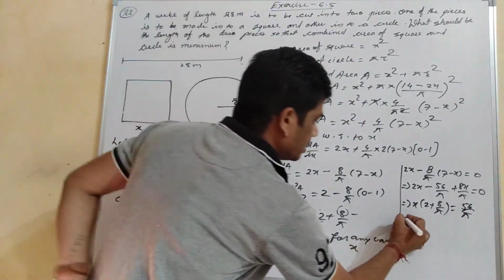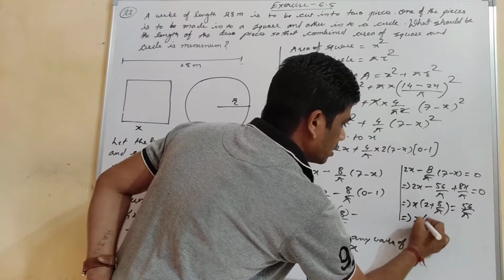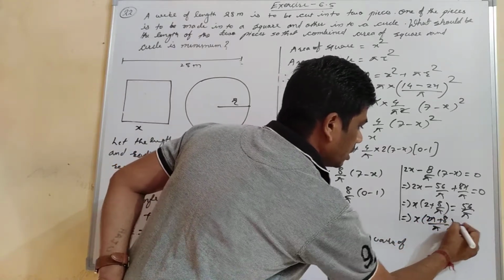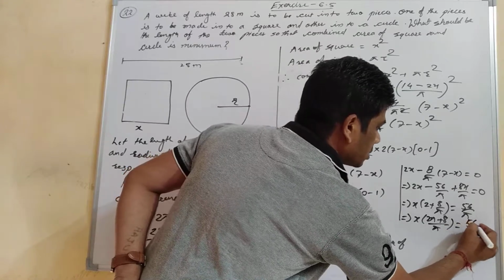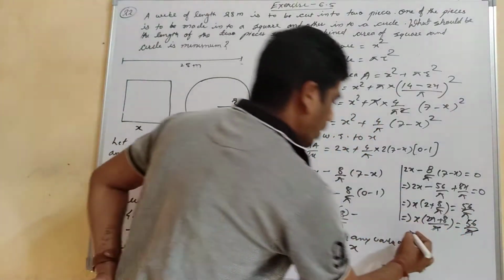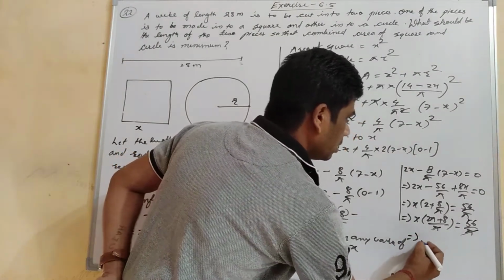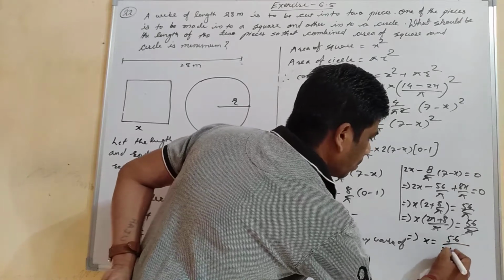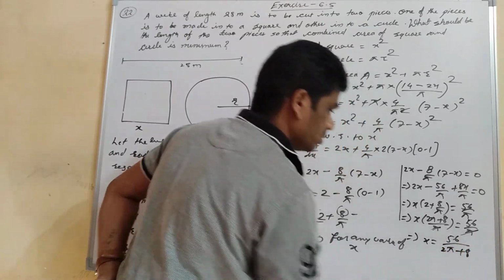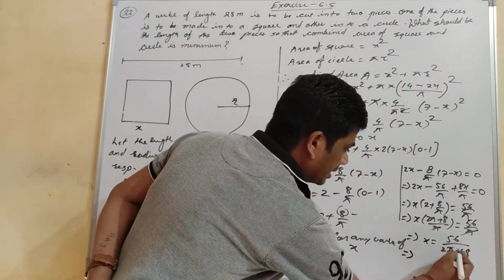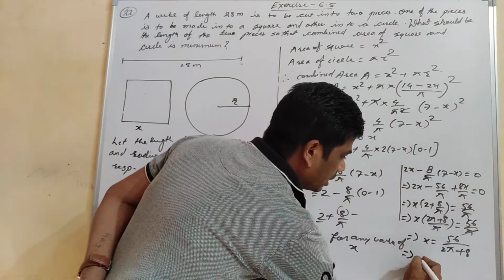We can take LCM here: x (2 pi plus 8) upon pi equals 56 upon pi. So pi will be cancelled. You can shift this value. So x will be equal to 56 upon (2 pi plus 8). We can take 2 common from the denominator.